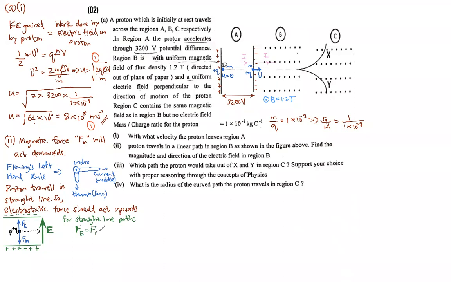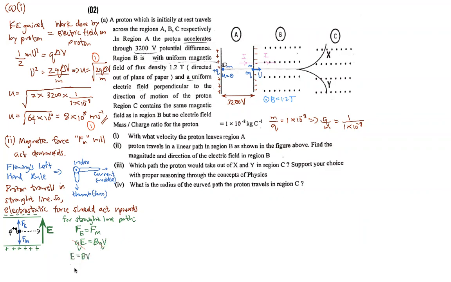And Fe is QE. Fm is BQV. And Q will get cancelled out. What are we supposed to find out? Capital E. Then capital E is going to be equal to V times B.